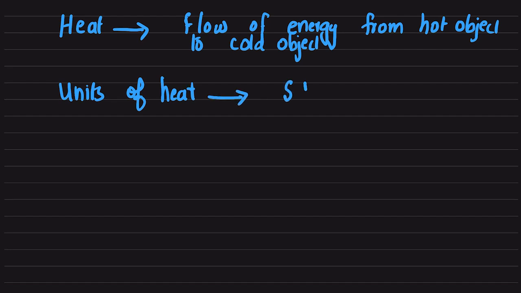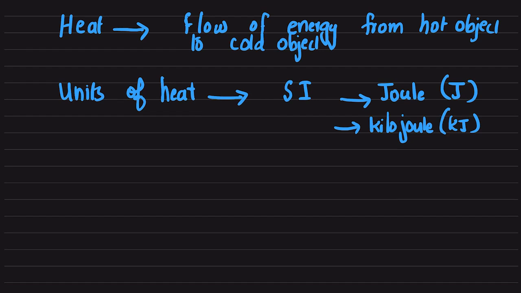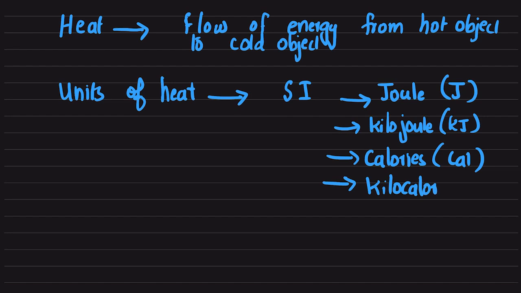The standard international unit is joule. It is represented by the letter J. Other units are kilojoule and calories. This is the small unit. The bigger units are kilocalories and nutritional calories.